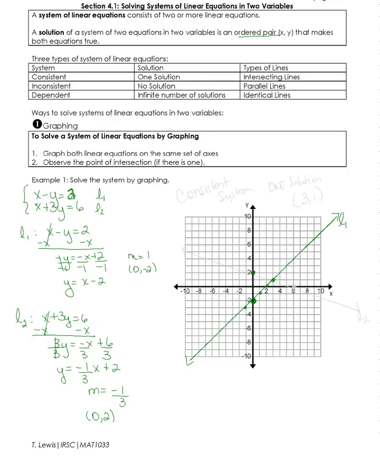You can see right now where it is going to intersect. Let's do this again. Go down 1 and over 3. 1, 2, 3. Connect the points.